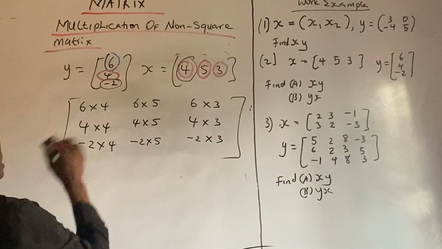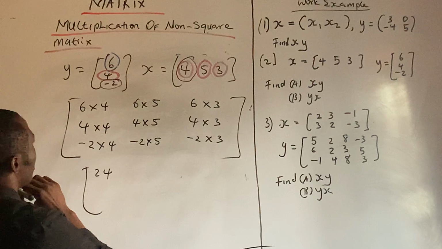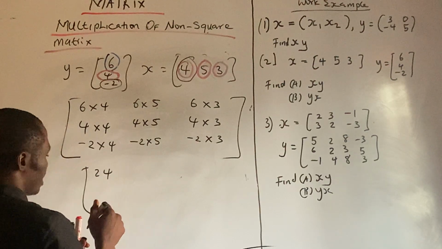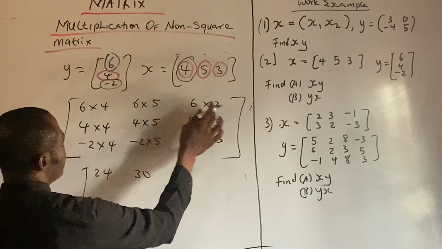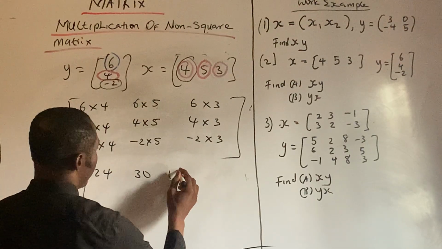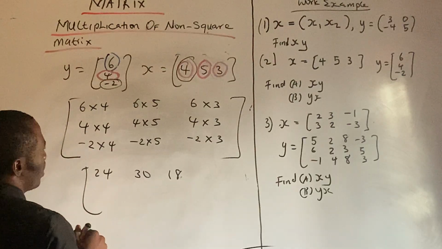All right, 6 times 4, that will give me 24. 6 times 5, that will give me 30. 6 times 3, that will give me 18. And then 4 times 4, that will give me 16.